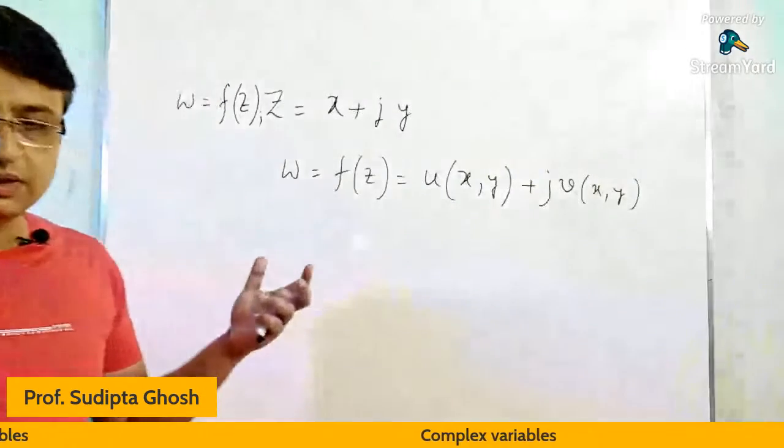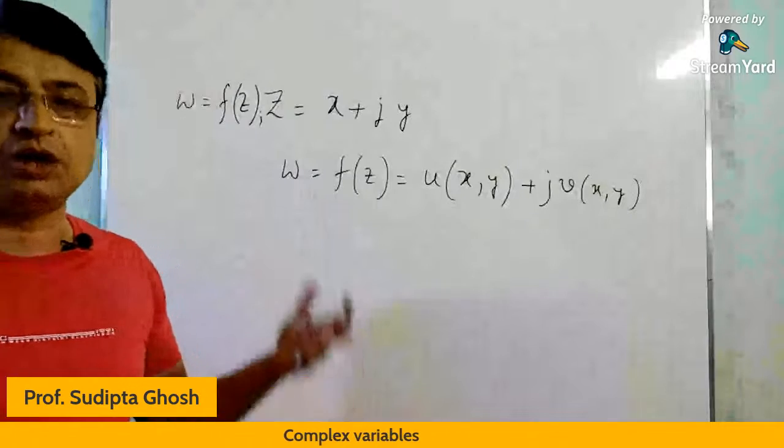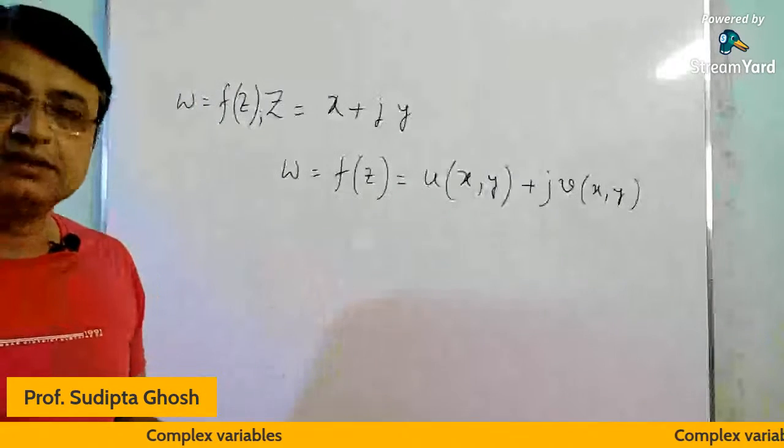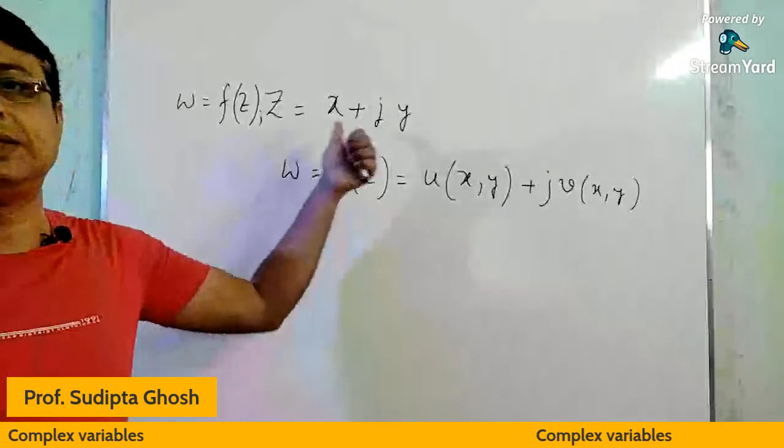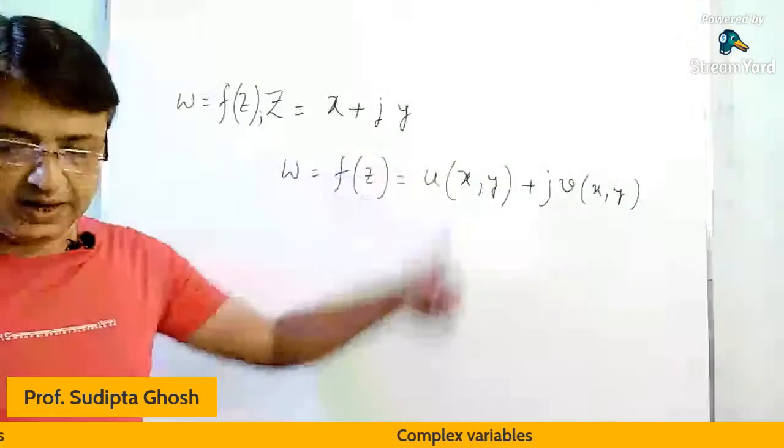So W is a function of the complex variable z, such that z can be written as x plus jy.